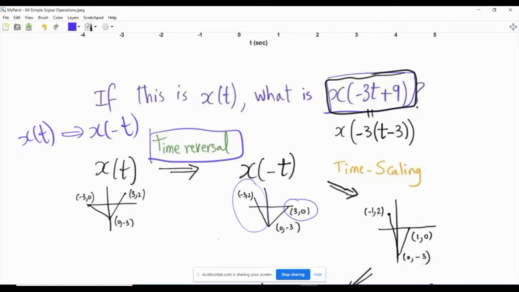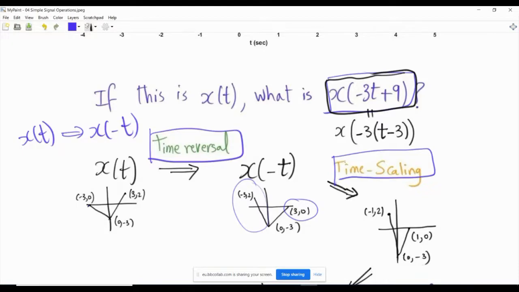Now, for continuous time signals, there is something else, time scaling. It is very important to use the word time here, because you can also scale the amplitude of the signal, which is like multiplying the signal by 5 or minus 17 or something like this.